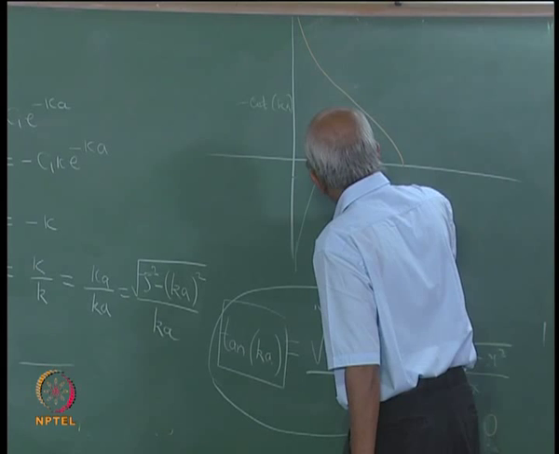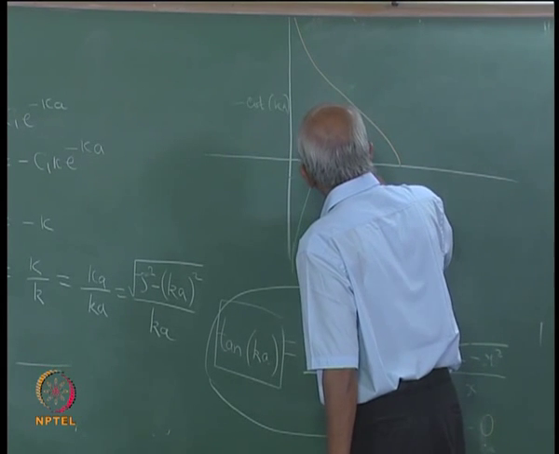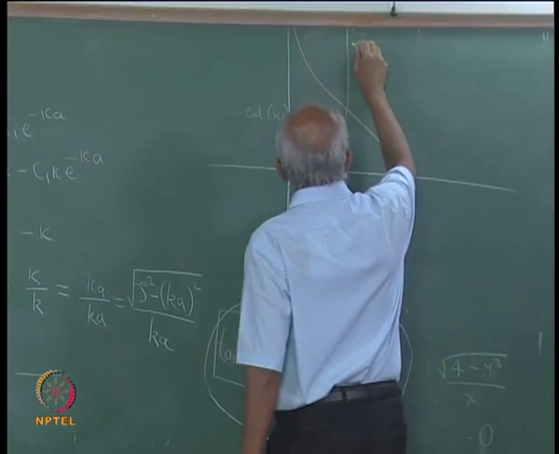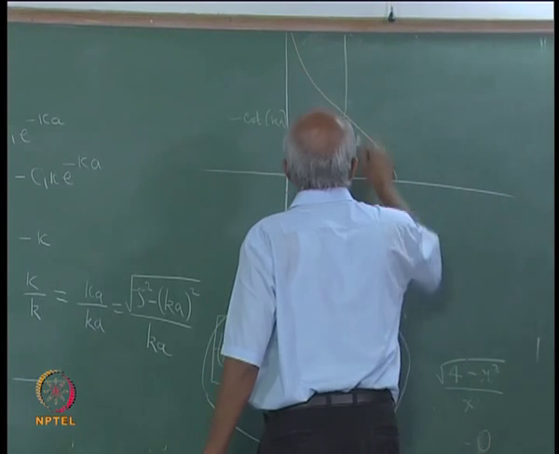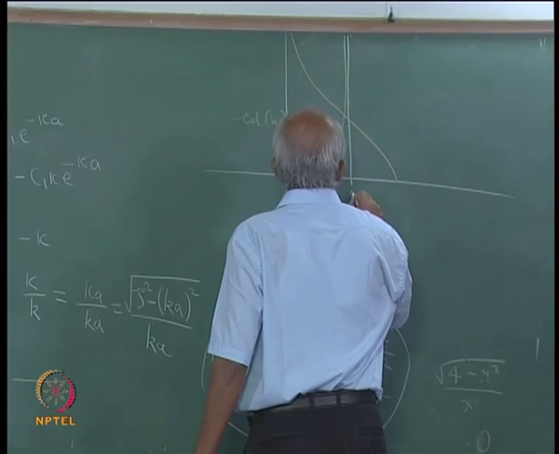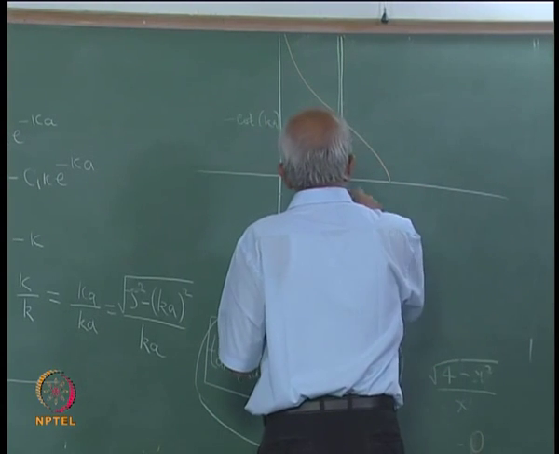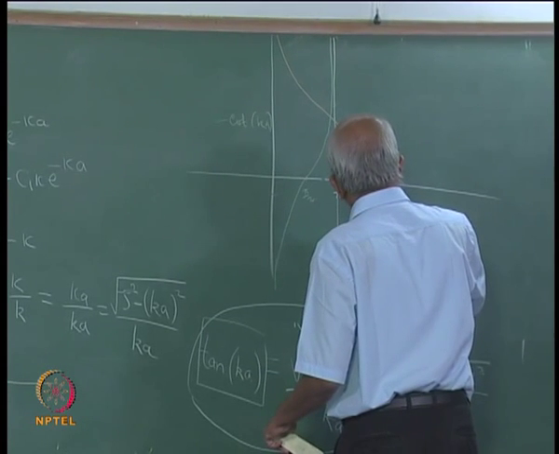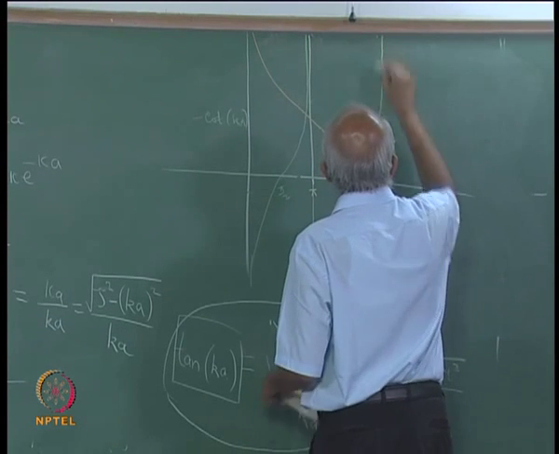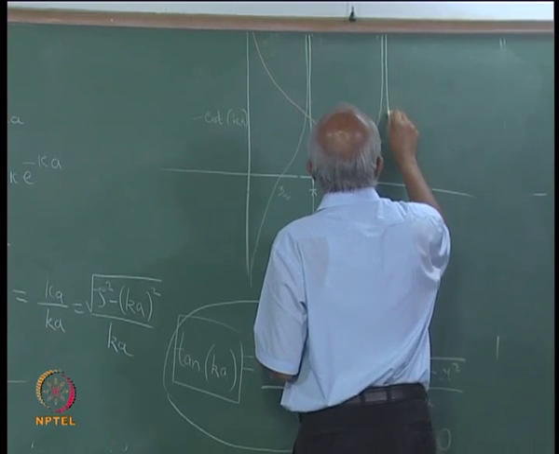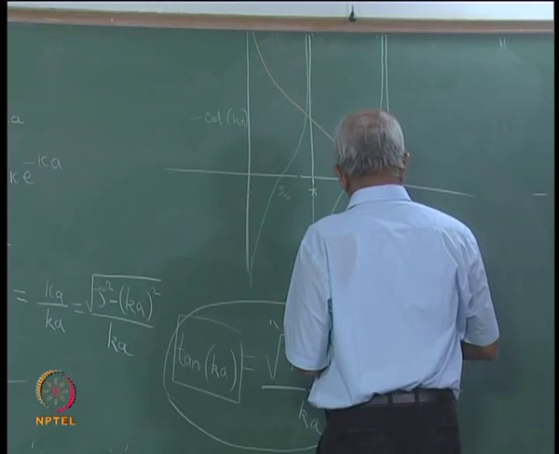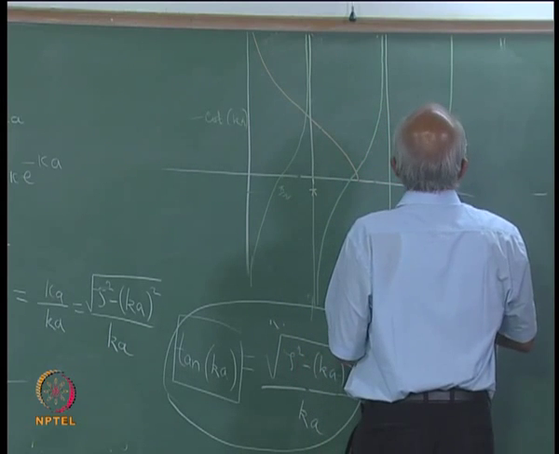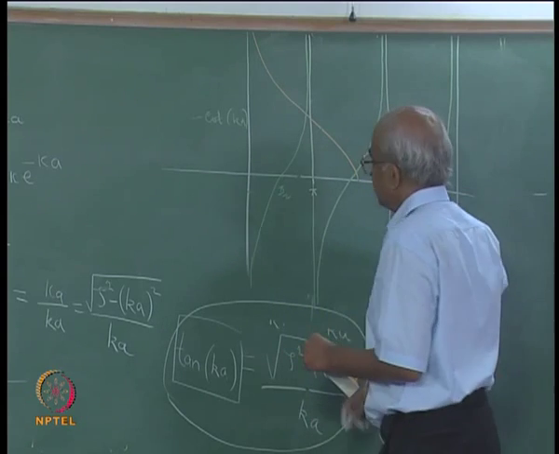It becomes 0 at pi by 2, and then goes on to plus infinity at pi. So, that is how it is.